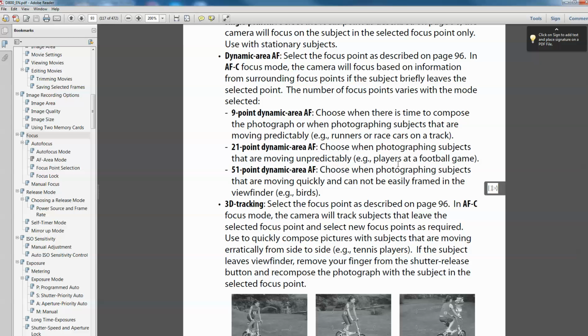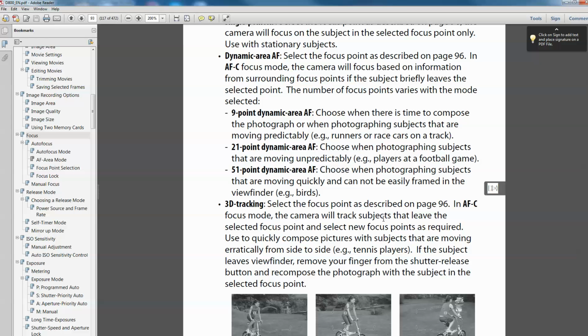So here they put players at a football game. You know which direction they're going, but the ball may be unpredictable. And then 51 points is when it's not easily framed, or when they are very fast. I'll be honest with you, I do not use the 51 point, but I encourage you to try it.